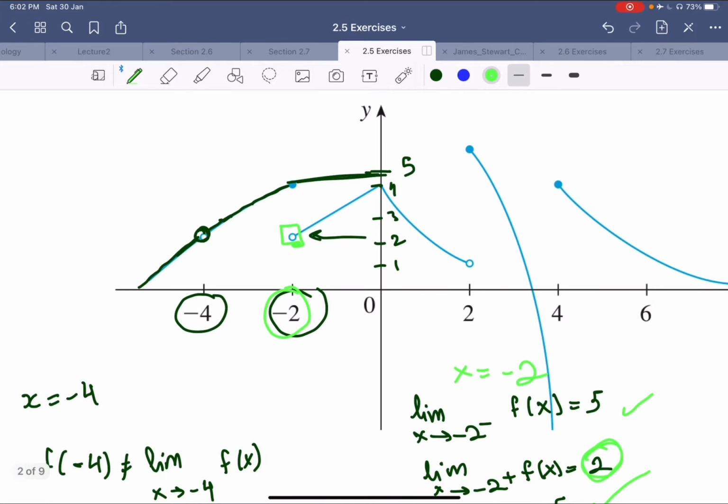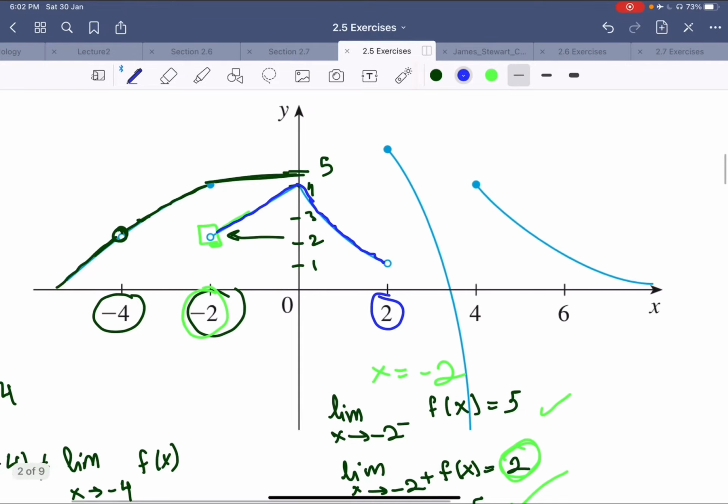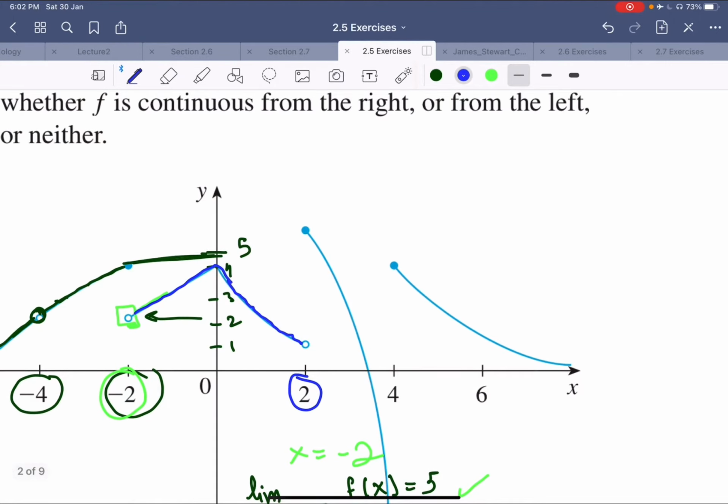Now we continue along f of x. We stay over the line, and we notice that the limit exists, the line exists, we are moving along the line without a break, until we reach x equals 2, where we find the line is broken. Okay. So again we apply the same rules. When x equals 2, the limit when x goes to 2 from the left for f of x on our scale is 1.